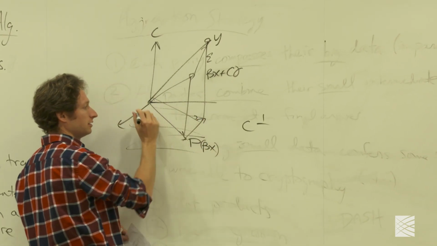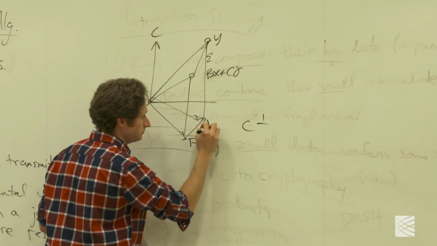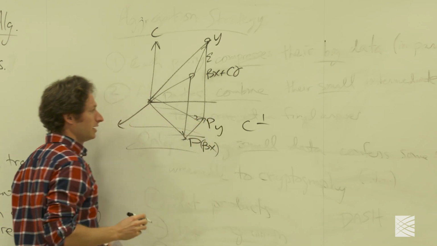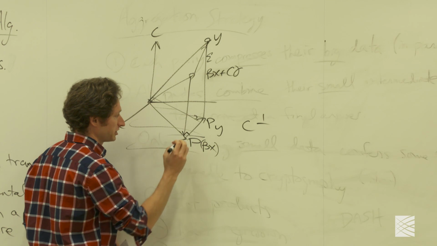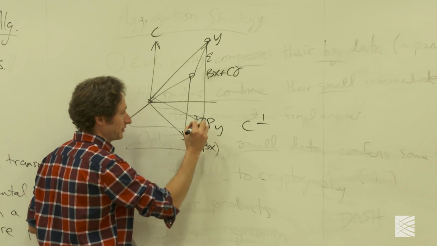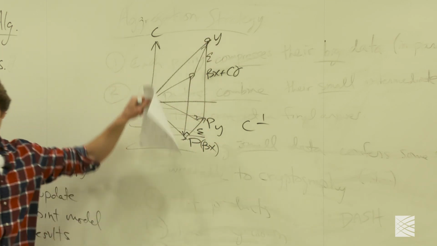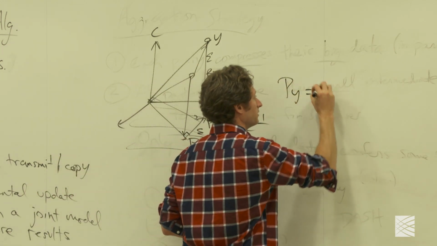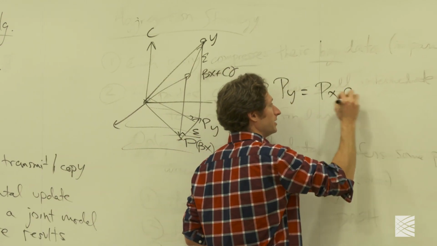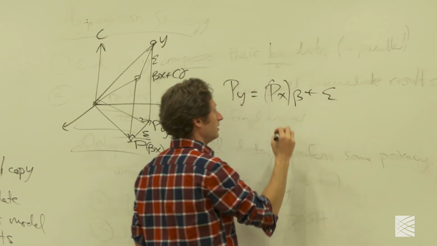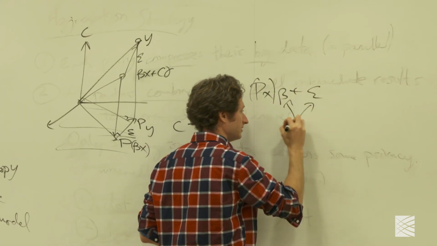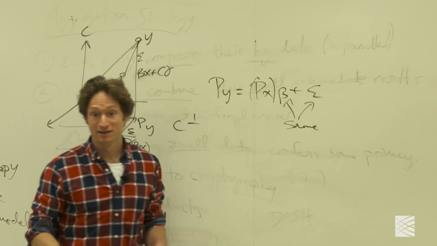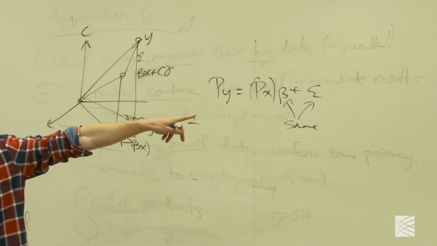This here is py, and the key thing to prove is that this is still a right triangle, and that this vector epsilon is exactly the same vector epsilon we started with, so that you get a formula of the form py equals px b plus epsilon with the same beta and the same epsilon as in the original problem.